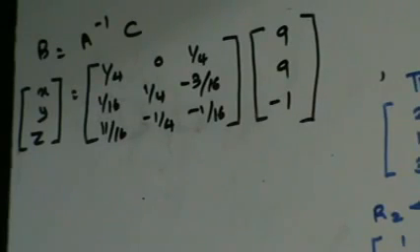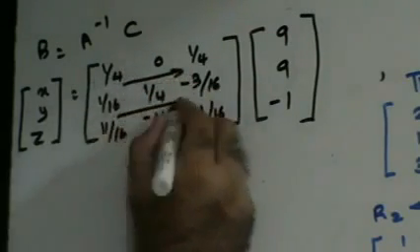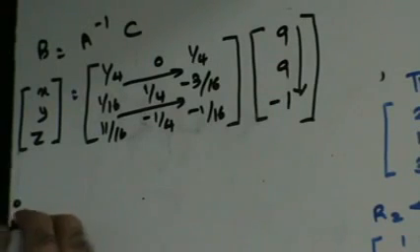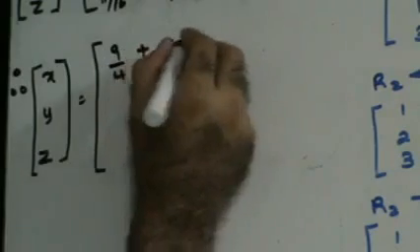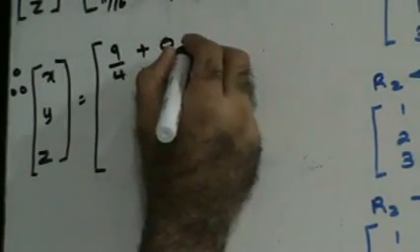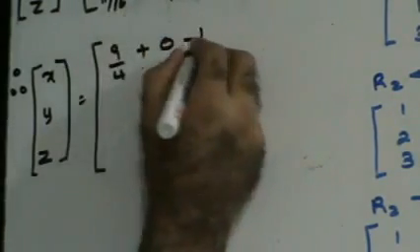Once you have this, you need to multiply this. How do you multiply this? Rows into columns. You have to multiply rows into columns. So I'll get therefore X, Y, Z is going to be equal to first row into first column. 1 by 4 into 9 will give you 9 by 4 plus 0 into 9 plus 1 by 4 into minus 1 will give you minus 1 by 4. Next, second row into first column.